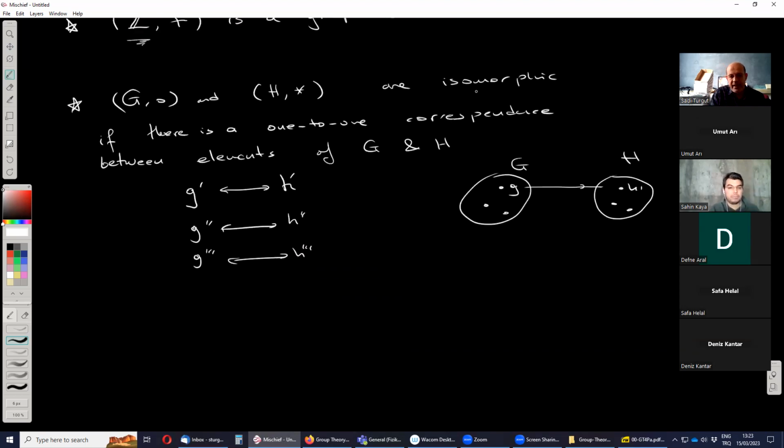We say that they are isomorphic if the operations also correspond to each other. That means if G prime operating with G double prime gives you G triple prime, then the same is also true for the corresponding elements in H.